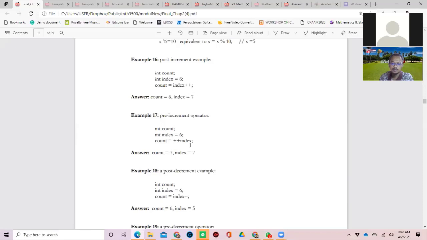Whether post or pre, index is still 7, but for the count, the value depends on pre or post. So two values need to be considered: the value for the index and the value for the whole expression, index plus plus or plus plus index. There are two values if the expression involves pre-increment or pre-decrement. We need to consider post or pre.